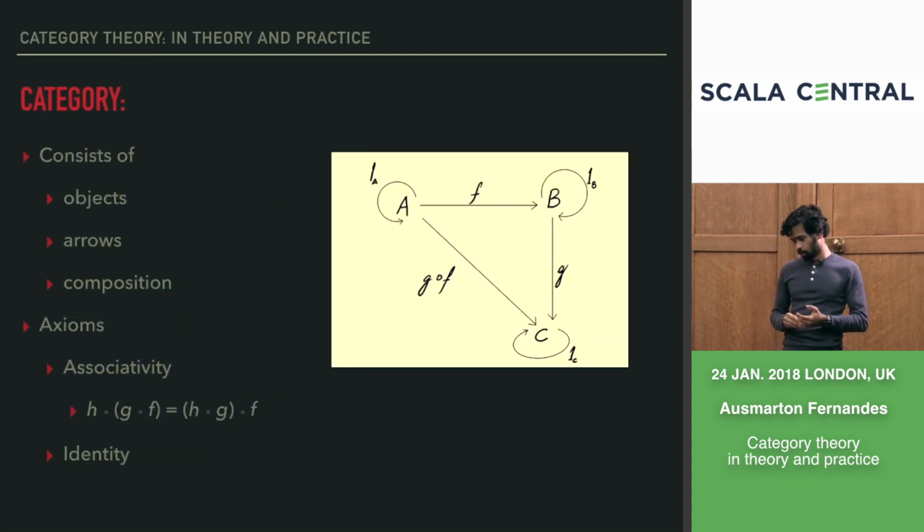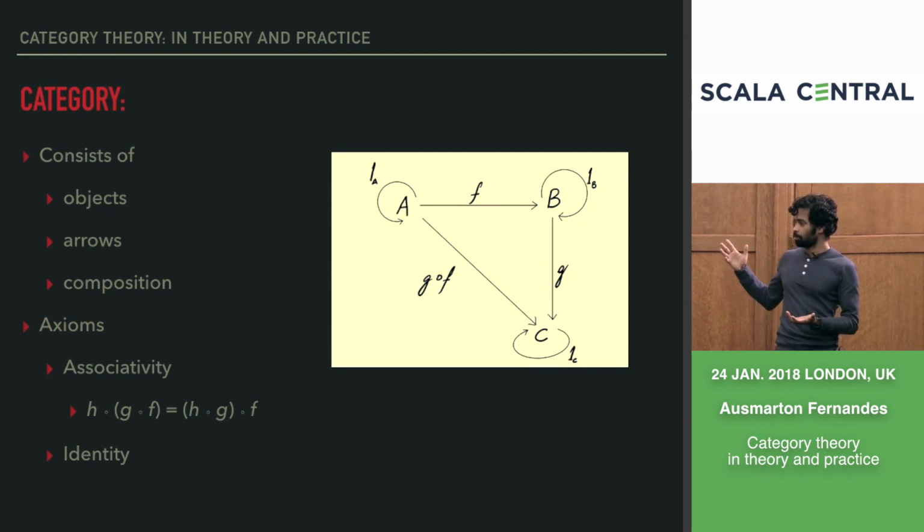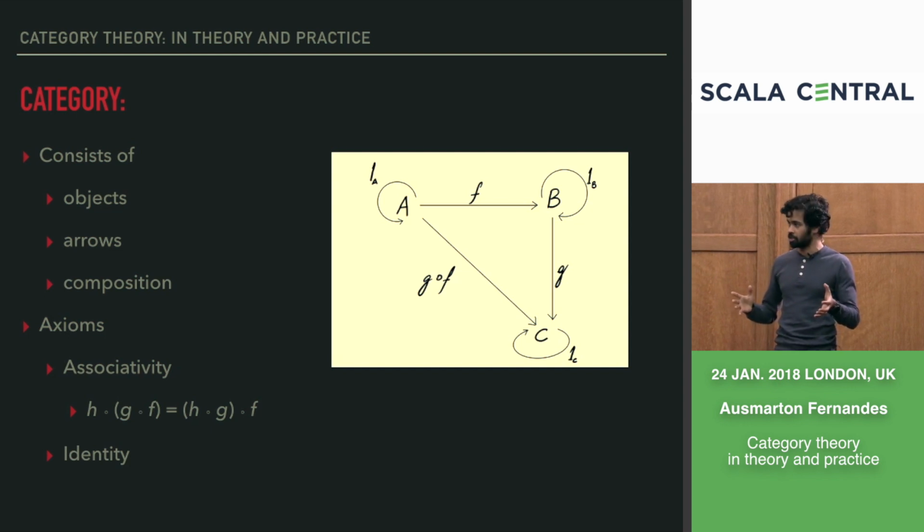So this is from the mathematical definition of category. This is what we need to have in a category. We need to have one or more objects in there, it could even be zero, so any number of objects, basically.